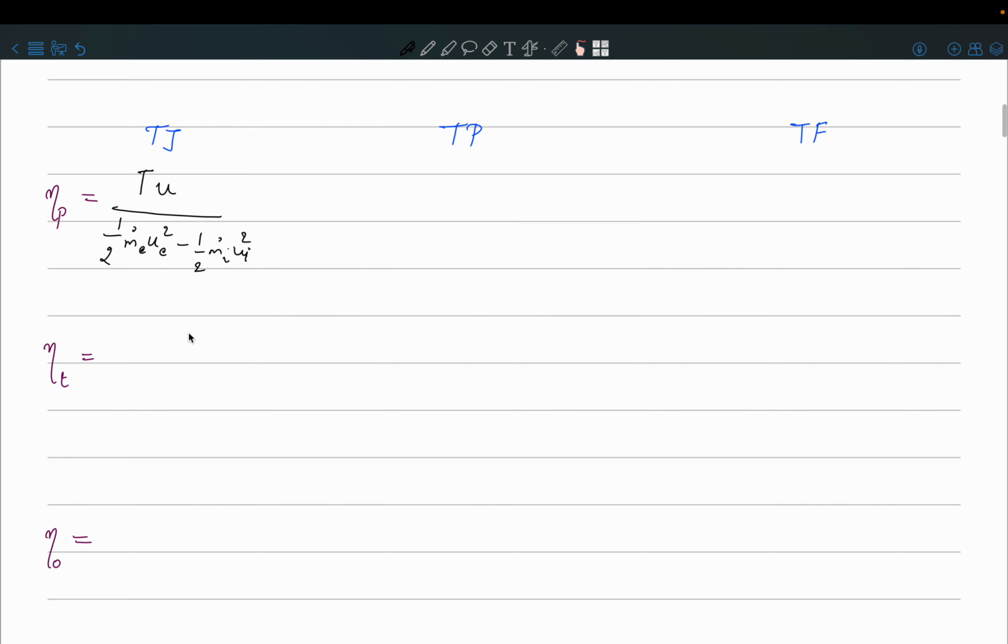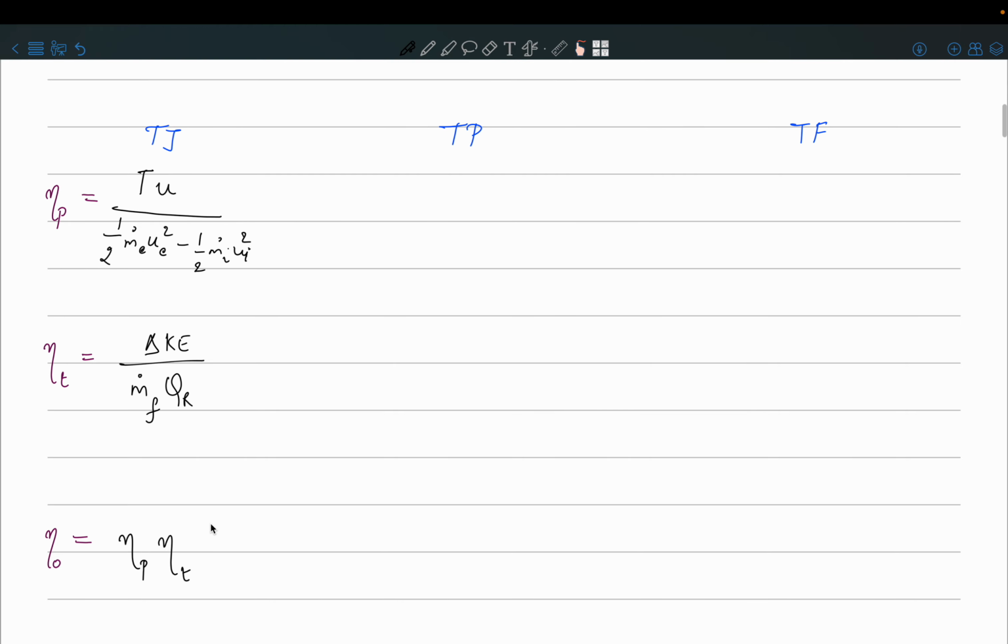That is defined by thermal efficiency. So here you will have the change in kinetic energy divided by the energy that you get by burning a certain amount of fuel m dot f, and heat of reaction is qr. So this is the energy. Okay, and overall efficiency, you must be aware, is eta p into eta t.